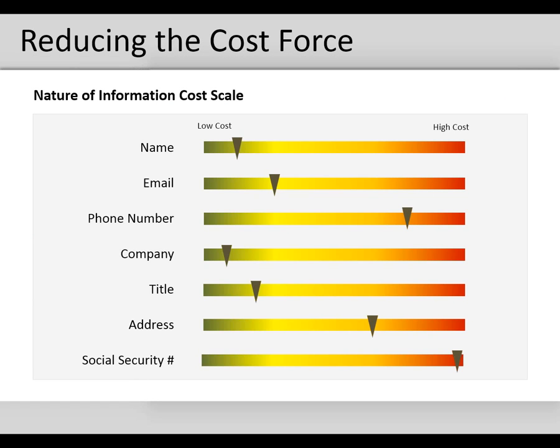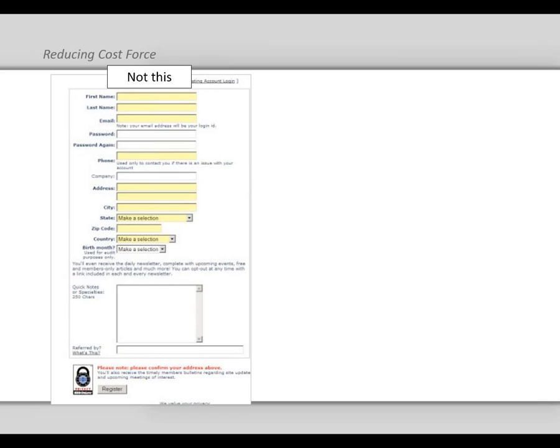So not this, but this. What's the difference between these two pages here? Look at the amount of information that we're requesting. In the version on the left, we're asking for a lot of information. In the version on the right, we're asking for very few pieces of information.